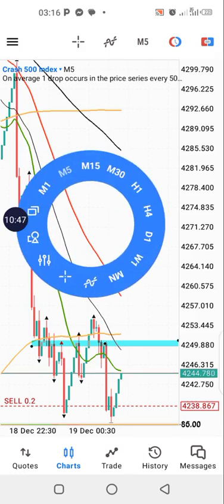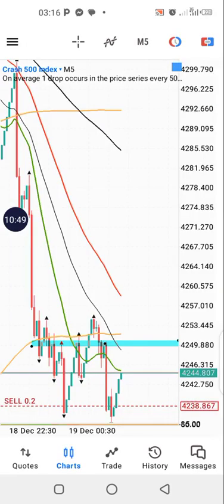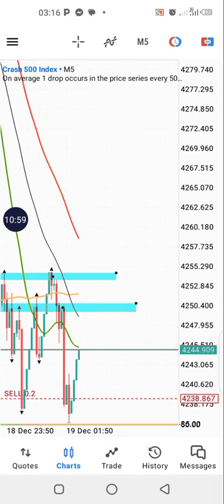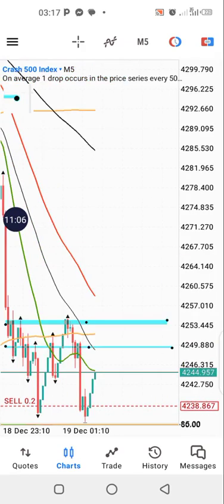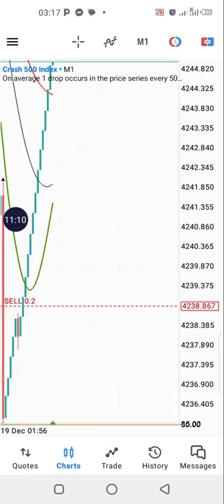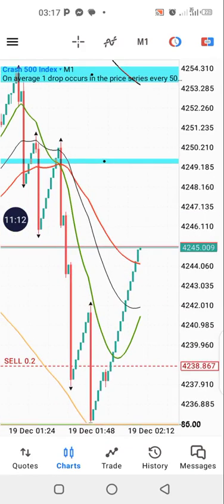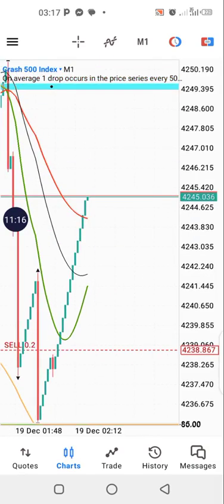We have another resistance showing there, so we can draw both of them. At this point, there is another resistance here where the market seems to refuse to allow the price to go. Okay, so those are the two places right now. So we are just going to wait, let it play out and see what happens.